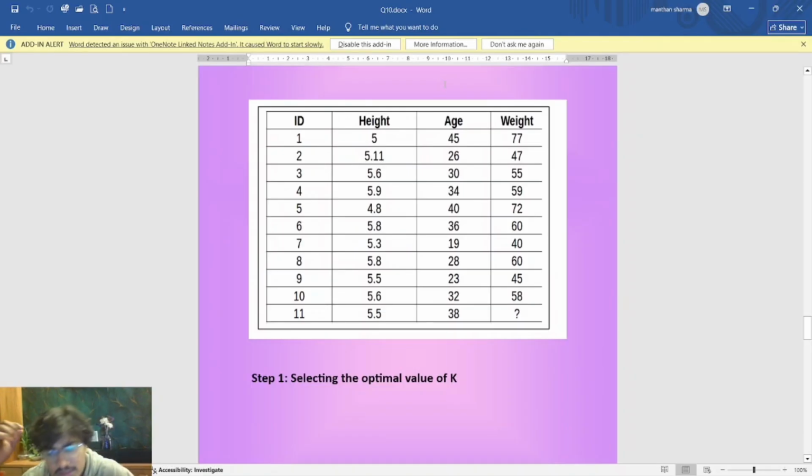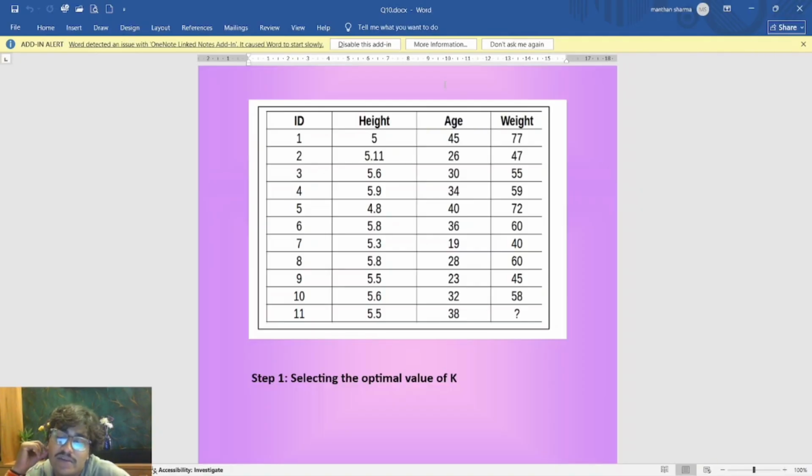To keep things simple, we choose k equal to 3. We use height and age as features and calculate the Euclidean distance from ID 11 to all other IDs.